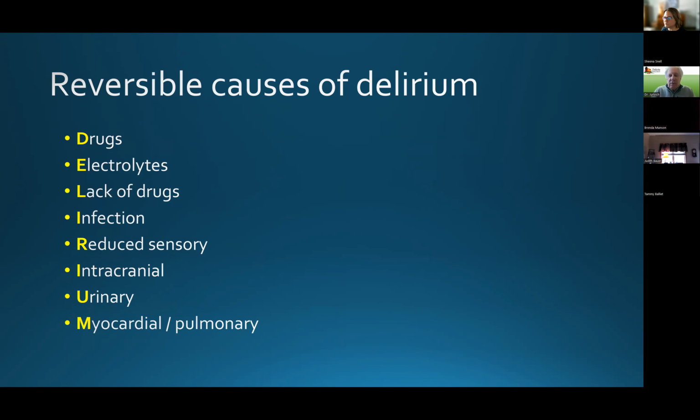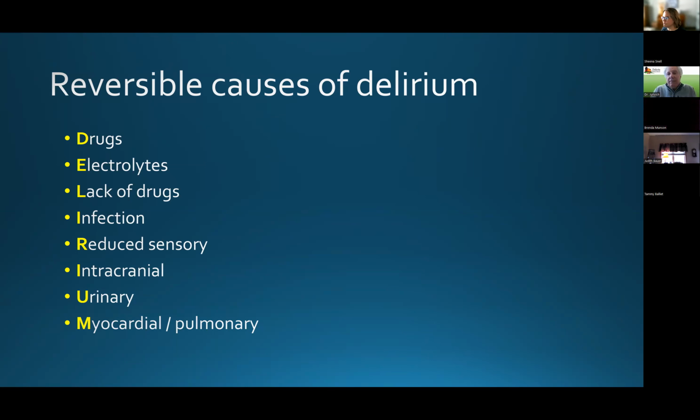So there's a mnemonic that was developed out of St. Louis University, and their GWEP, which is kind of our sister GWEP in geriatric education, and they talk about delirium being associated with these monikers of drugs, electrolytes, lack of drugs, so that's withdrawal, and of course that also includes alcohol.